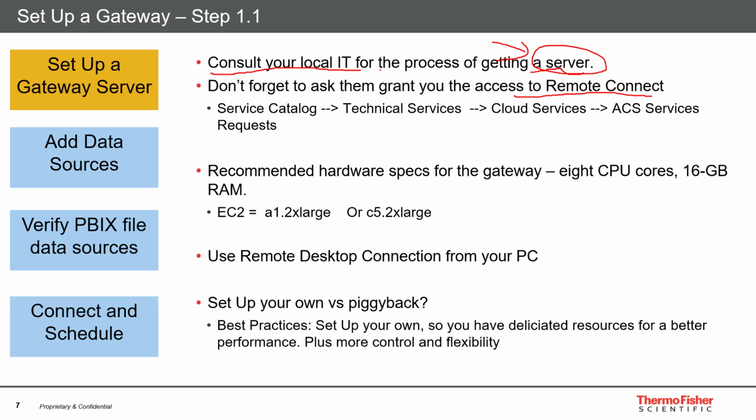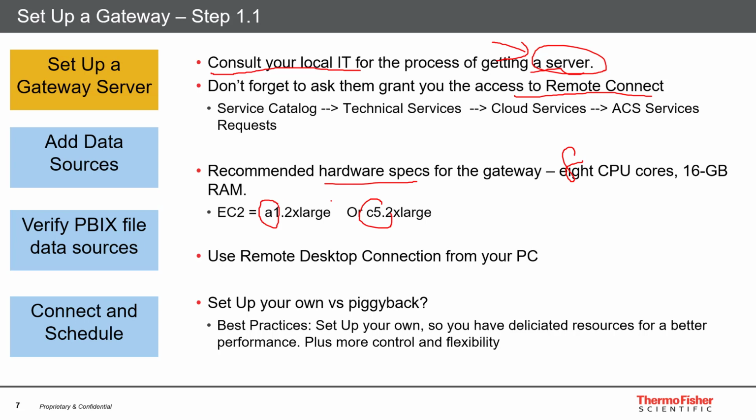So from the Power BI official website, the recommended hardware specs for the gateway is 8 CPU and 16 gigabytes of RAM. So if your company is using AWS, the one that I recommend is A1.2XL or C5.2XL. A1 is very general purpose, but C5 is more compute optimized.